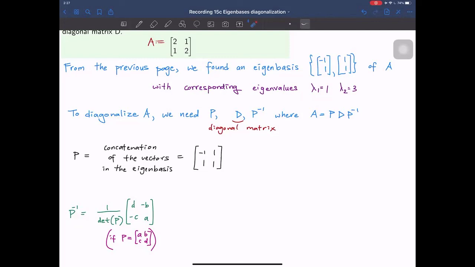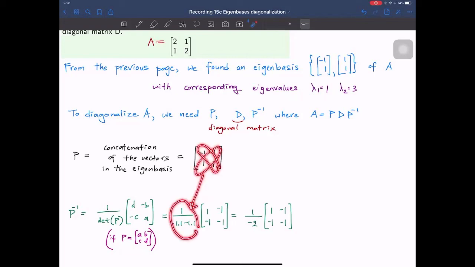So if P is the matrix with entries a, b, c, d, we can just compute 1 over the determinant of the matrix and then change the entries accordingly. To compute the determinant of P, I just do negative 1 times 1 minus 1 times 1. So this gives me 1 times negative 2.